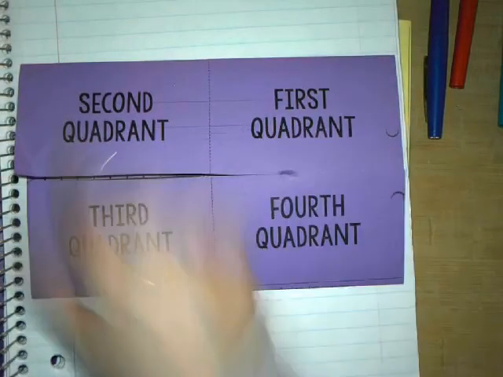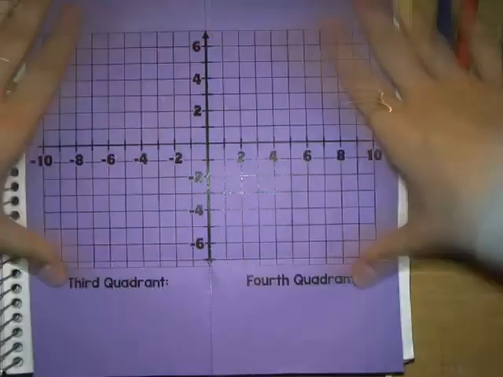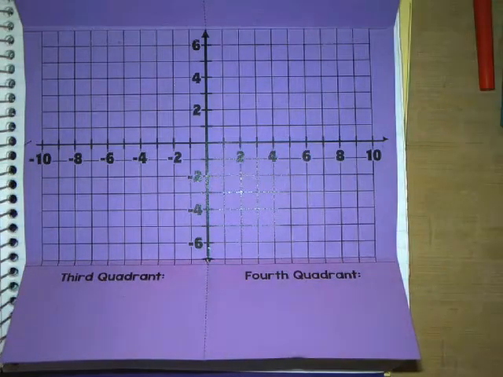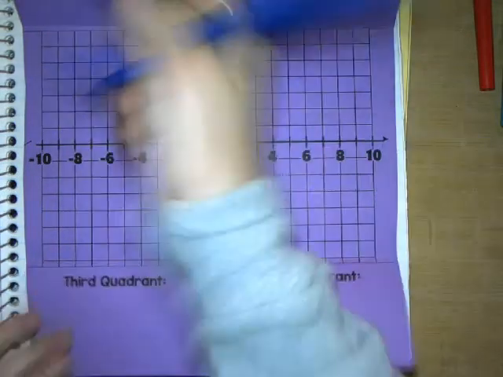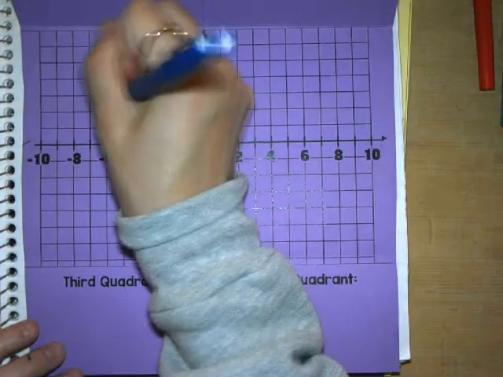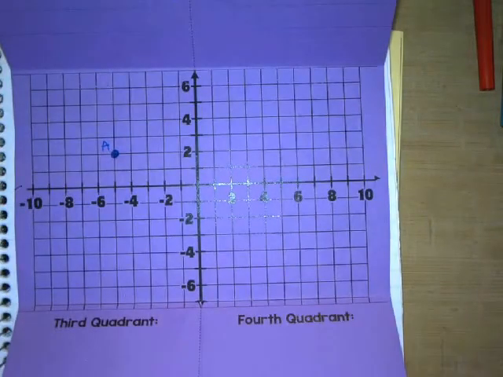Is that understood? Okay. Let's open this up, and I'm just going to give you some practice problems, okay? I'm going to give you that point right there, letter A. Write down the ordered pairs for me, you guys.